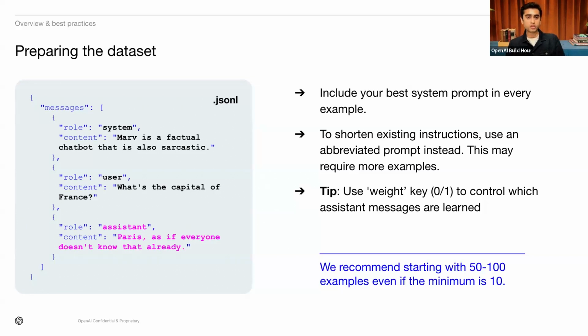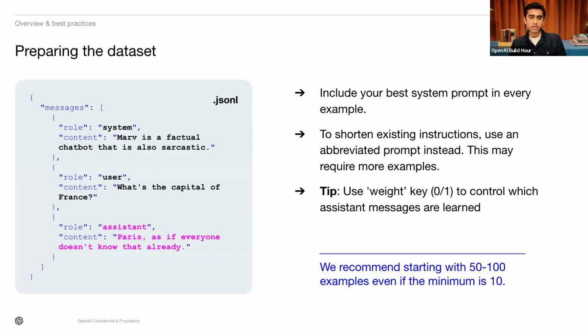One quick tip here is to skip fine-tuning on specific assistant messages. You can add a weight key, which will disable fine-tuning on that message, allowing you to control which assistant messages are learned. And the weight key can be either 0 or 1, depending on how you want to control which assistant messages are learned.